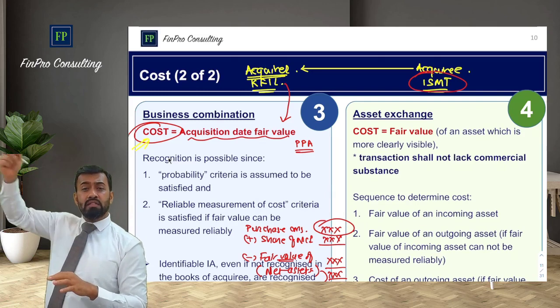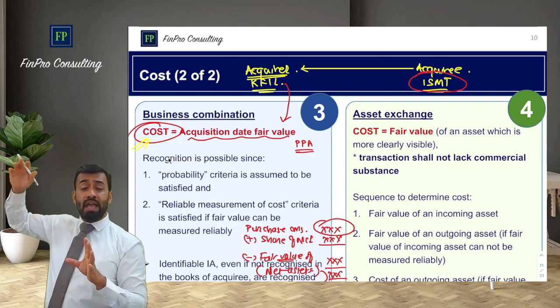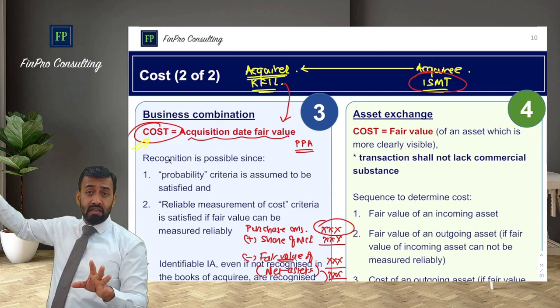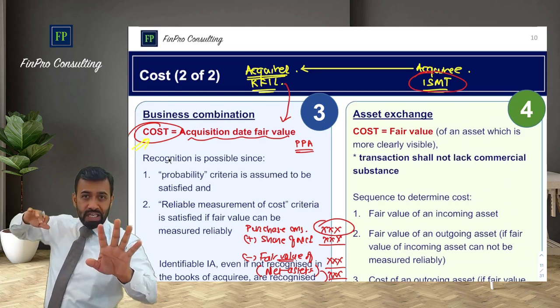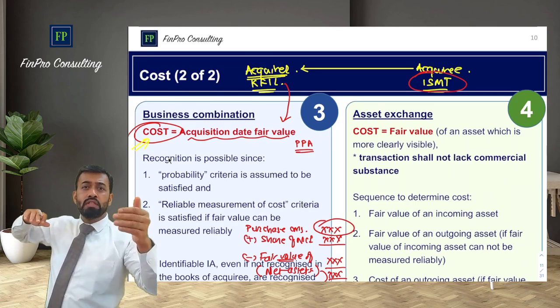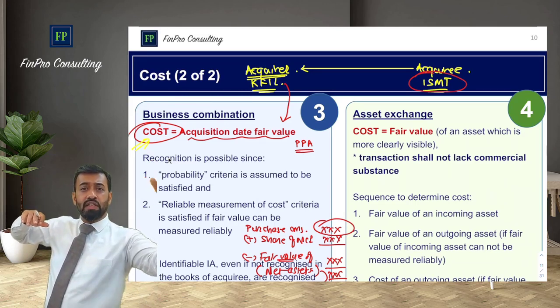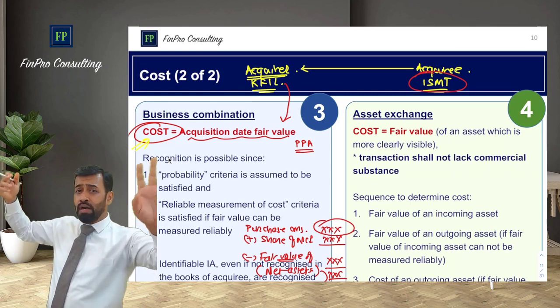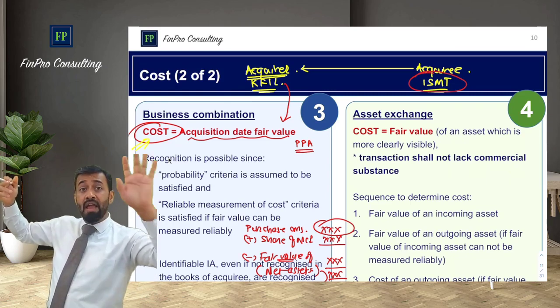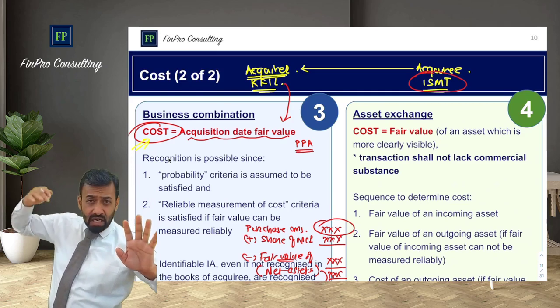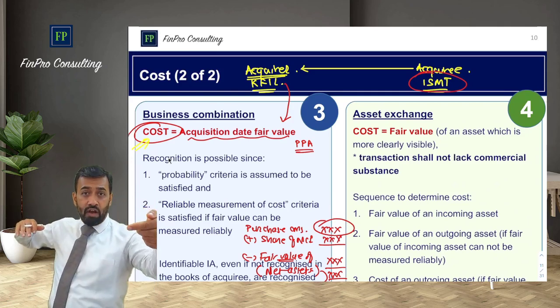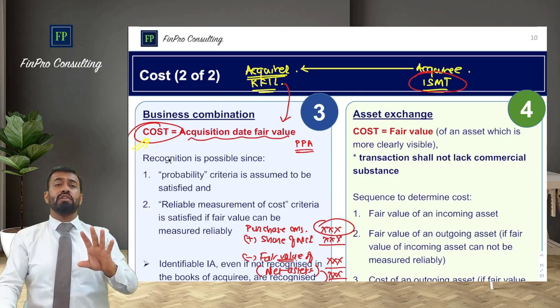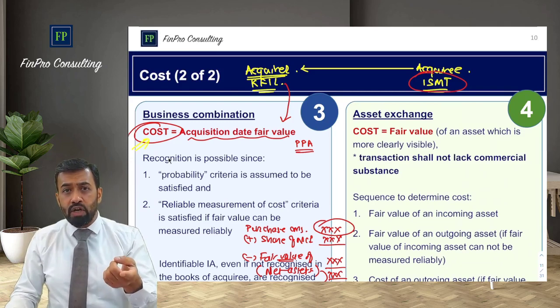And you are paying something out of your own pocket, and you are able to calculate the fair value when it is externally purchased. Now you will say that an internally generated intangible asset also I can calculate fair value for, but it is not allowed by the standard. If that asset is externally purchased and you are able to calculate the fair value, then the second criterion, reliable measurement of cost, is also satisfied.